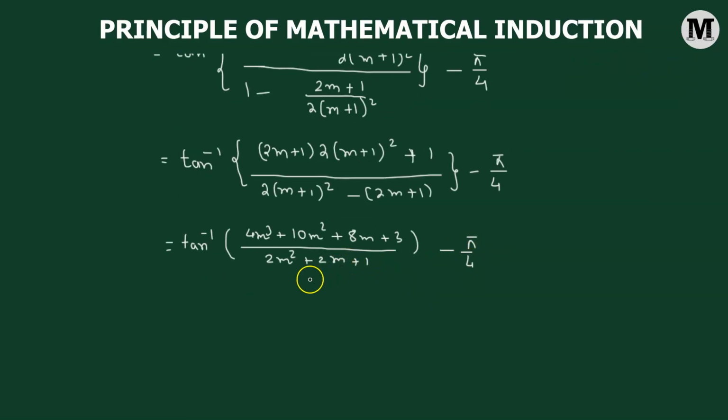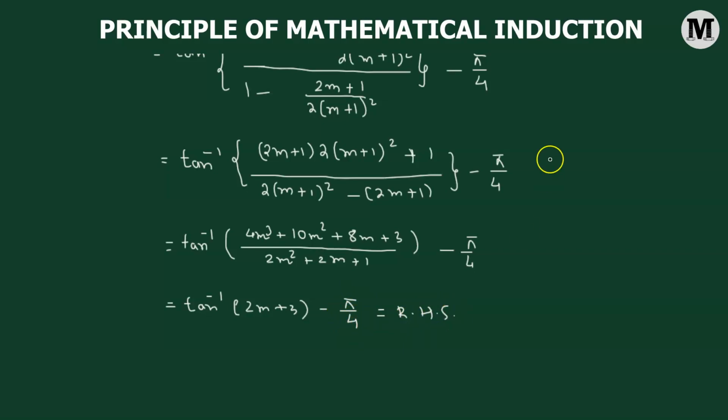Now I'm leaving the next part as an exercise for you to try out. If we take the numerator, which is a cubic expression, and we divide it by the denominator, we can perform a long division here. That's going to leave us with the remainder of 2 times m plus 3, minus pi over 4, and this is exactly the expression on the right hand side.